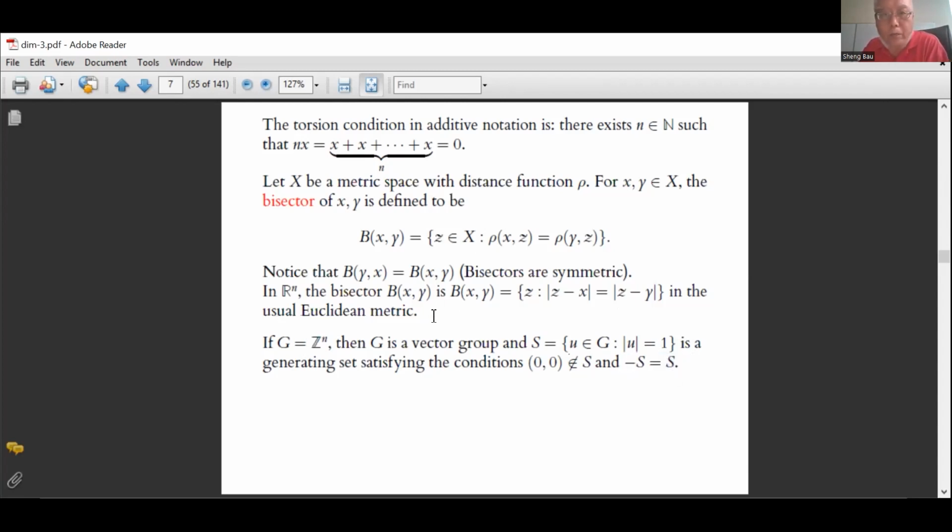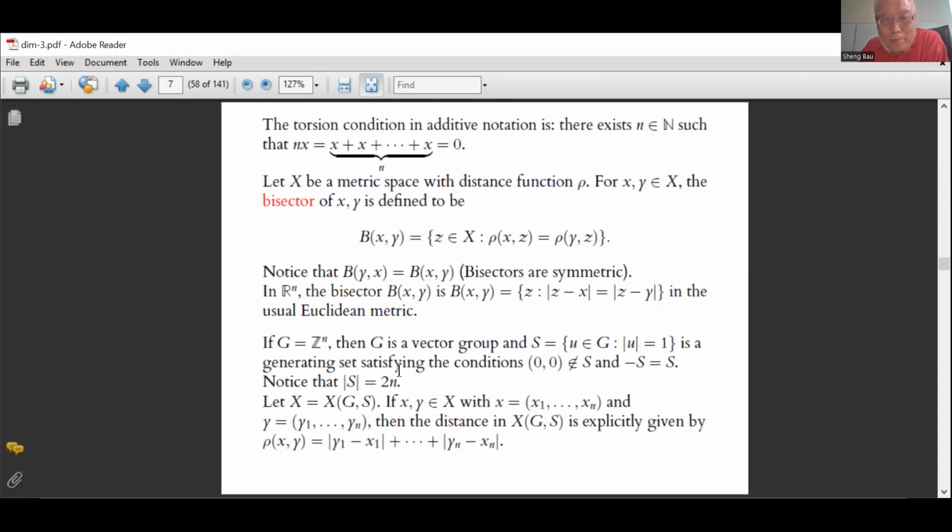So now we are talking about vector groups, so it's very easy to understand these. There are 2n unit vectors in this vector group. And we consider the Cayley graph, and this is the distance. Graph theorists are very good at using colorful descriptive words instead of definitions, like this one.